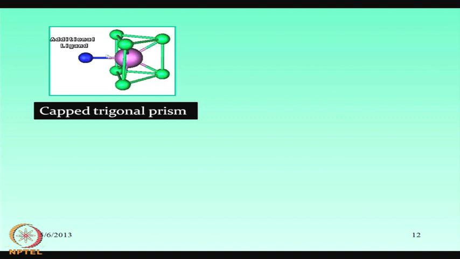So, if we go from this particular square plane, we are capping this particular face of the trigonal prism by this extra donor atom, and we are capping from this side. So, it will be known as a capped trigonal prism capping from the tetragonal face.